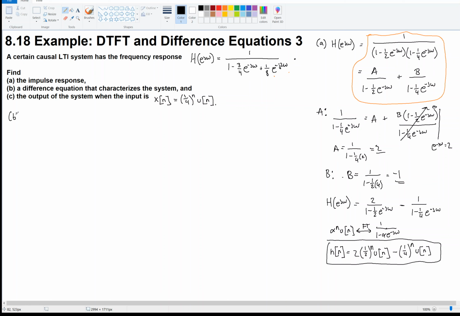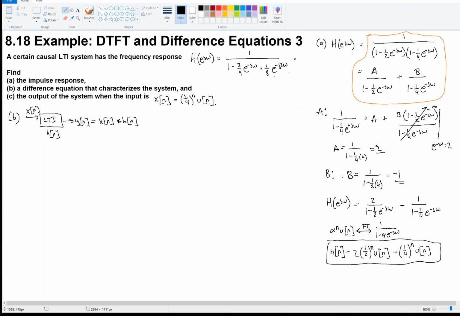Moving on, let's look at B, a difference equation that characterizes the system. So remember, in LTI systems, we've got this impulse response, and we're putting in an x, and we're getting out a y. For LTI systems, the output is the convolution of x with h.